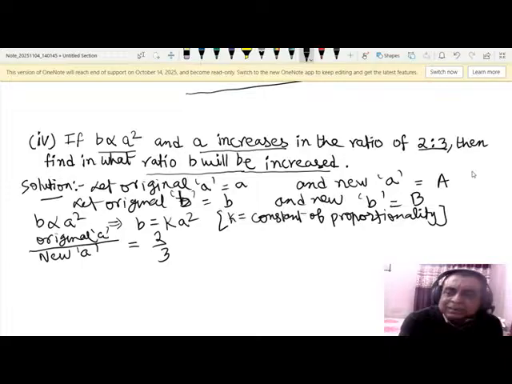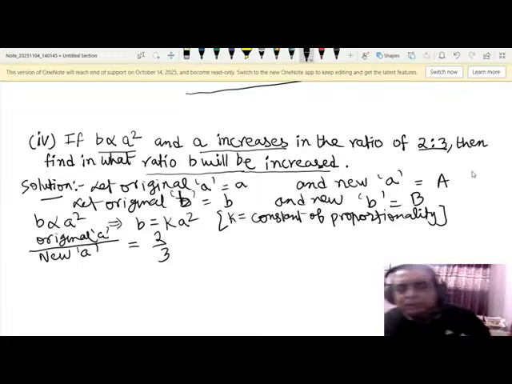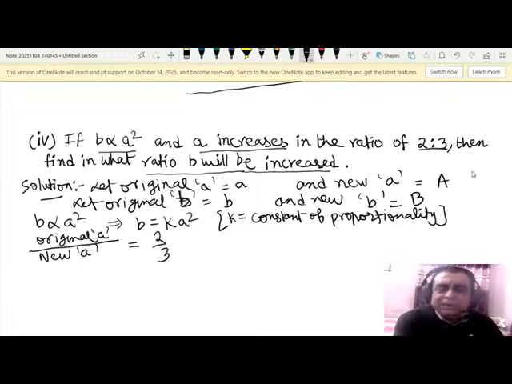It means the original a divided by the new a value is 2 by 3. The original a we have denoted by small a, and the new A we have denoted by capital A, so a over A is 2 by 3.